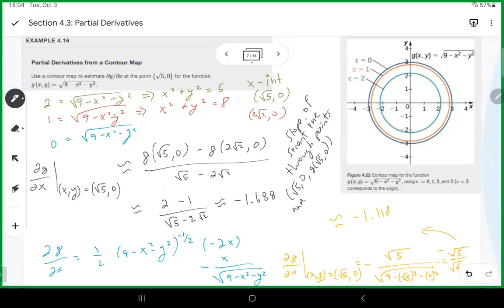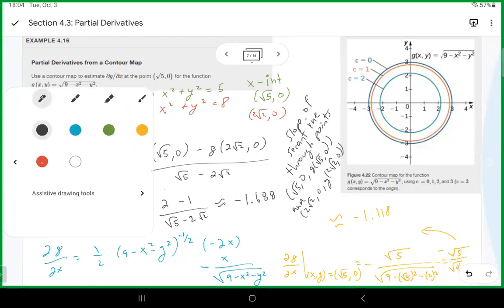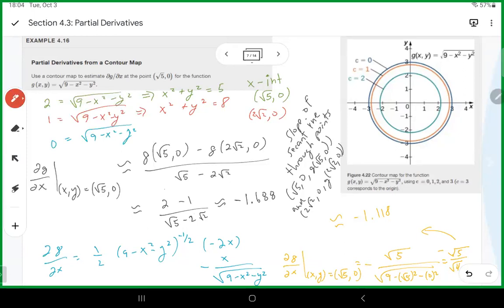It represents an approximation of the slope of the tangent line. I am running out of colors and space.